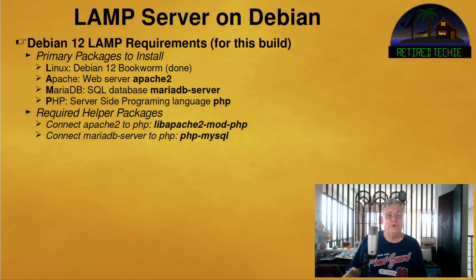Apache will never talk to MariaDB directly, but they have to talk through PHP. So to connect Apache 2 to PHP, we need the libapache2-mod-php plugin. And to talk between MariaDB and PHP, we need the php-mysql plugin. It's kind of funny. MariaDB and MySQL use the same PHP plugin, but yeah, that's the way it is.